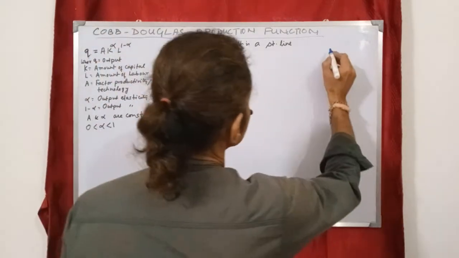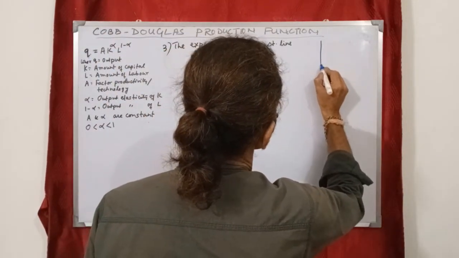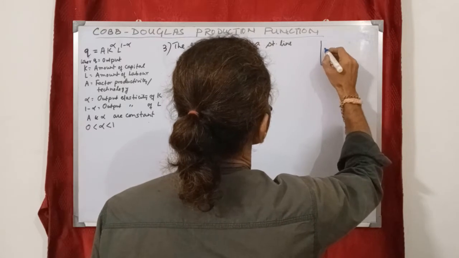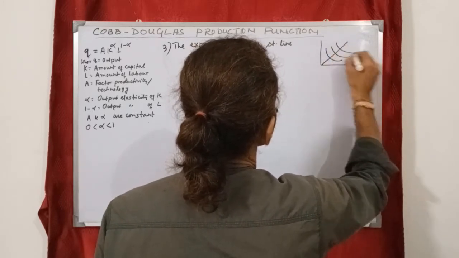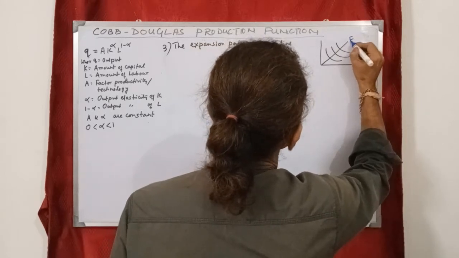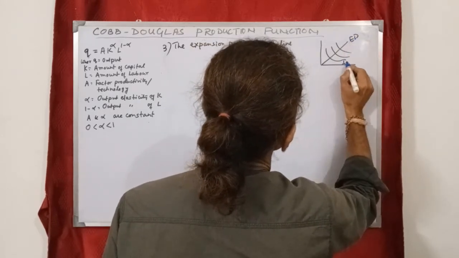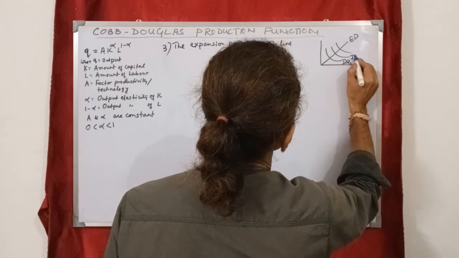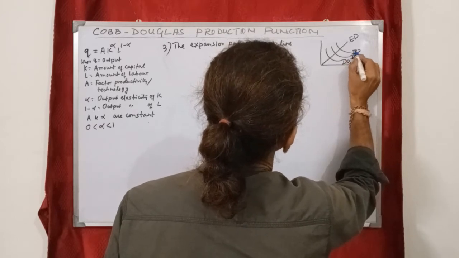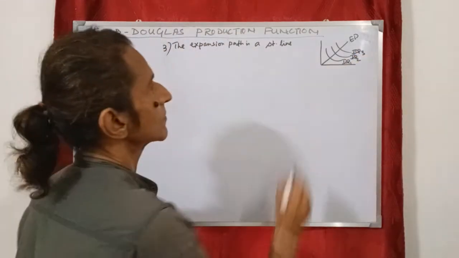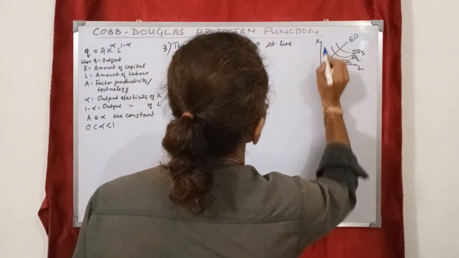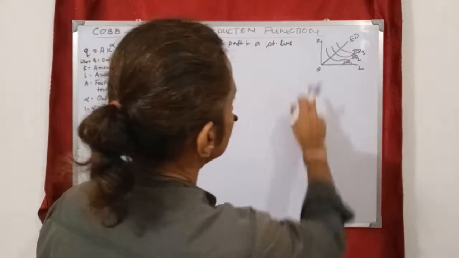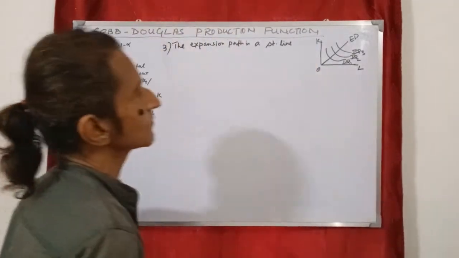What is expansion path? This is expansion path. These are isoquants IQ1, IQ2, IQ3. We measure labor on the x-axis and capital on the y-axis.